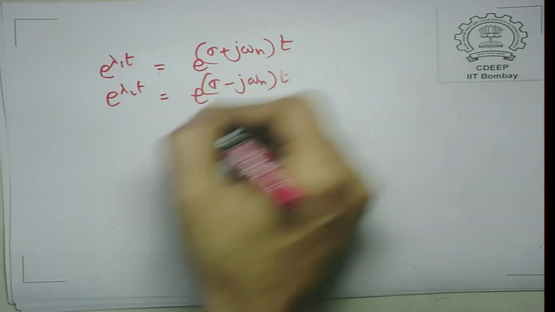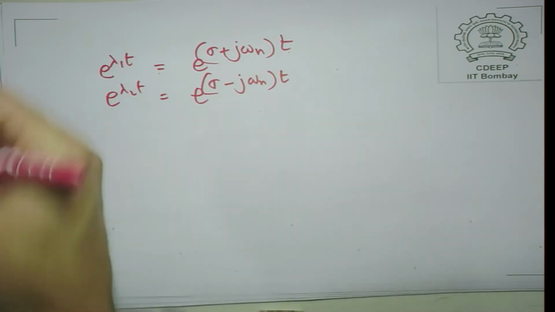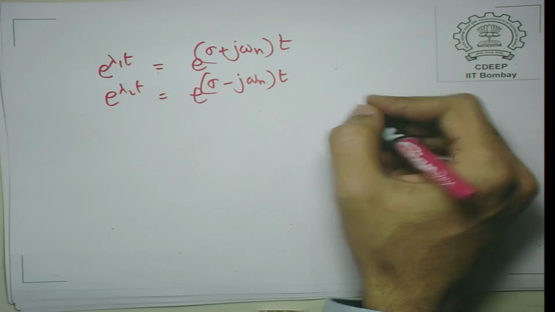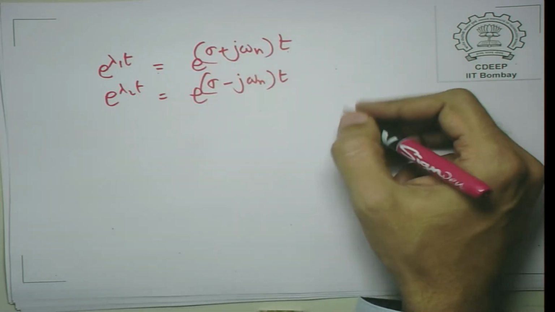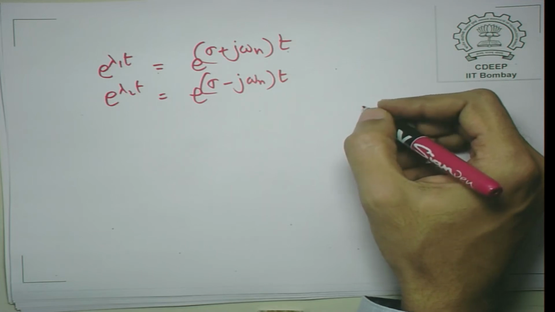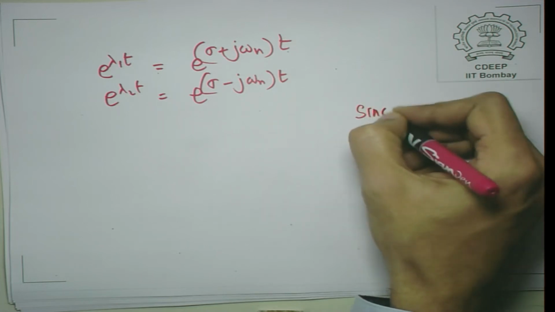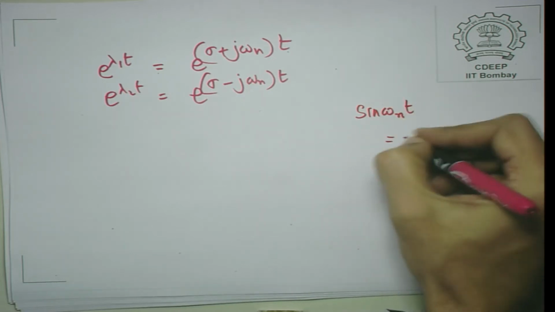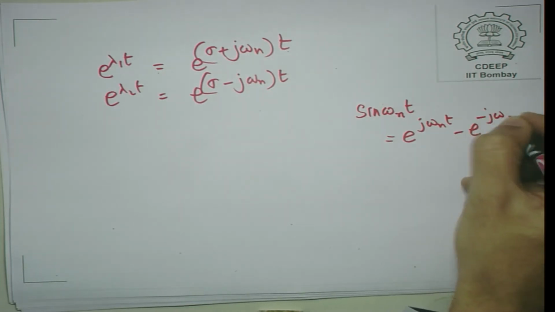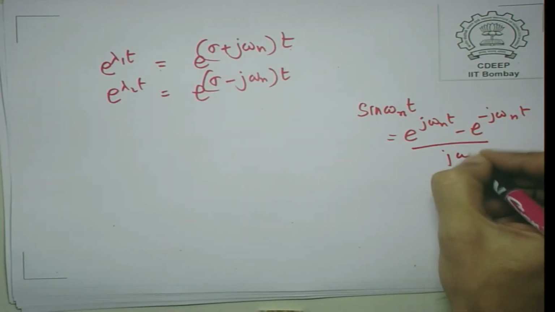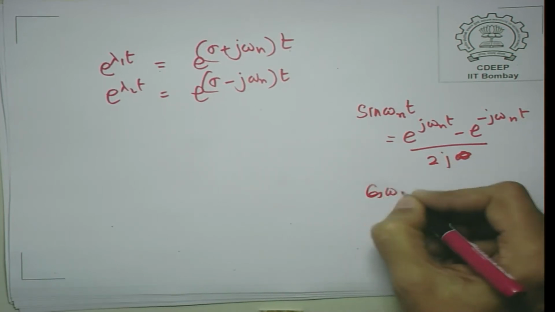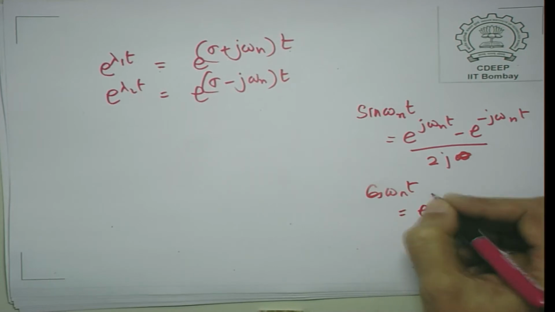Now, I will not do the math, but one of the interesting points which you would be able to infer quite easily without actually working it out, or you can see that it seems intuitively satisfied, but we will not work it out in detail, is that sin omega n t is equal to e raised to j omega n t minus e raised to minus j omega n t by 2j, sorry, and cos omega n t, this is a well known identity.